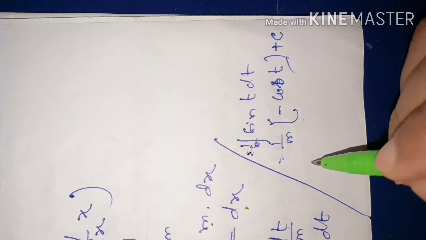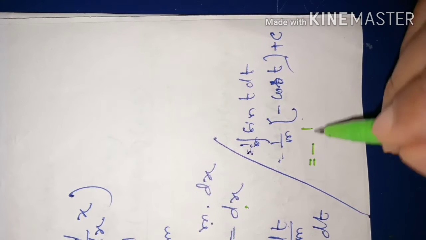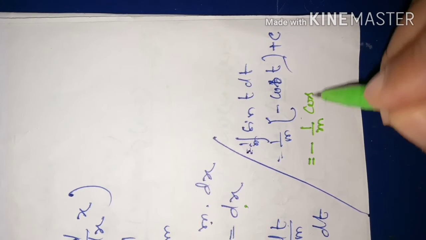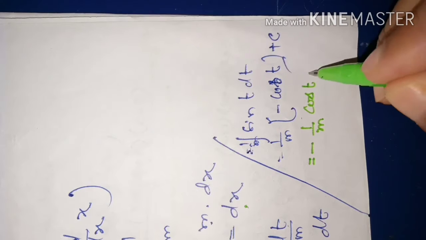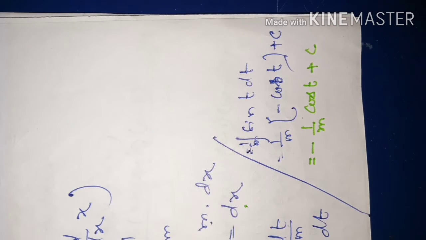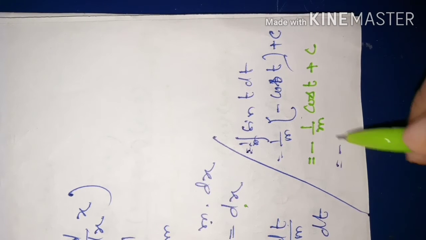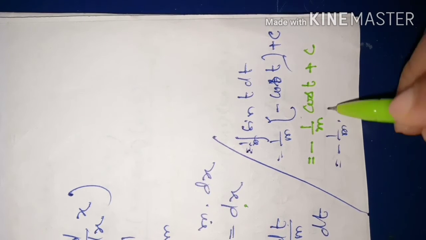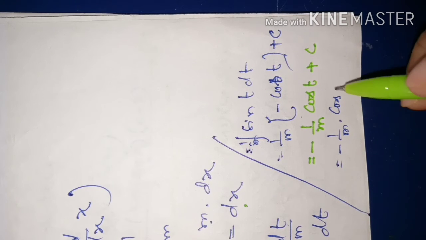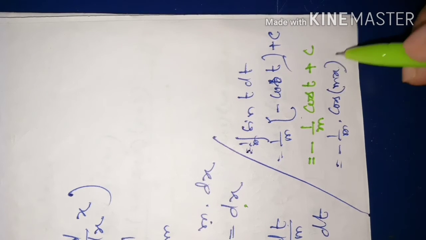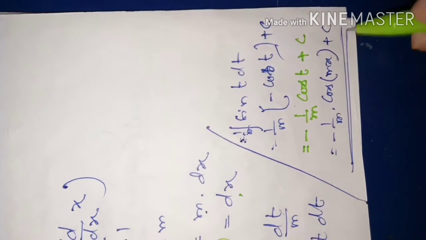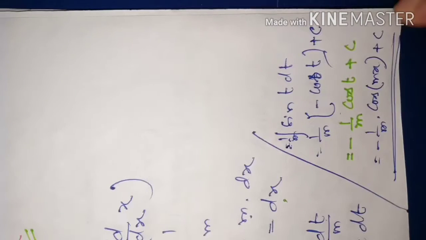Therefore minus 1 by m cos t plus c. So therefore minus 1 by m into cos of t. T is what? mx, plus c. This is our answer. Okay, dear students, this is called the substitution method.